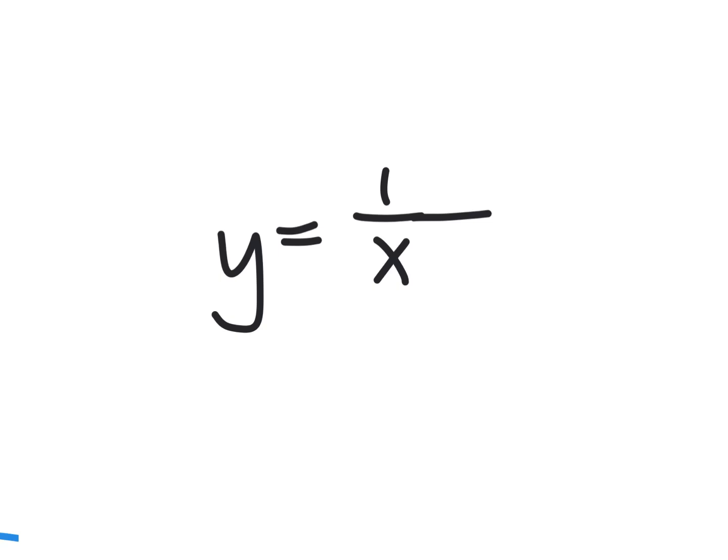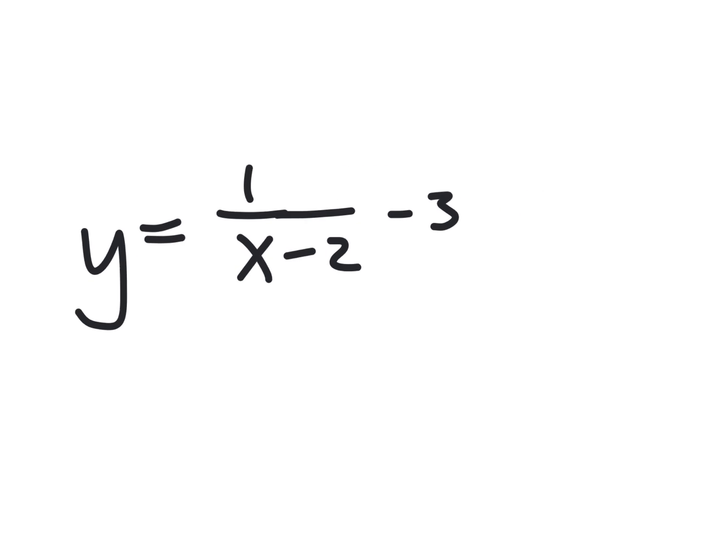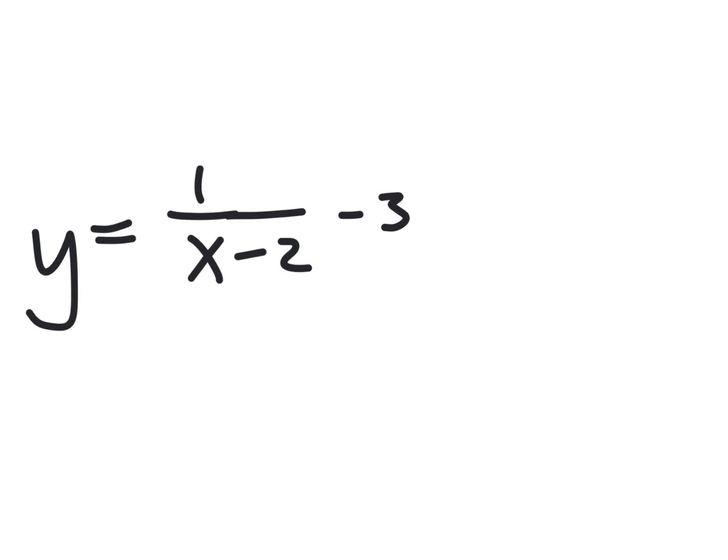Let's say it was right 2 and down 3. If it was that, then people were like, but how do I graph that? And I'm like, how do you graph everything? How do you graph something like this? Play connect the dots. Make some points.